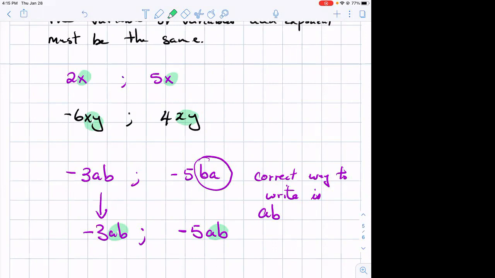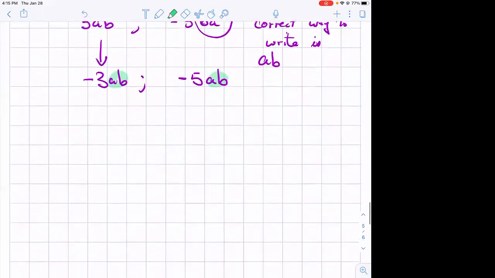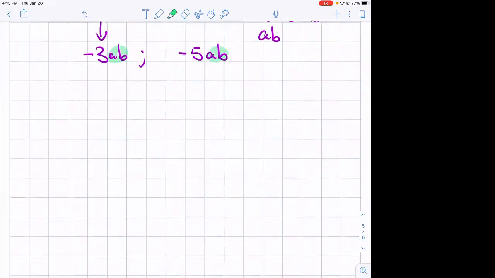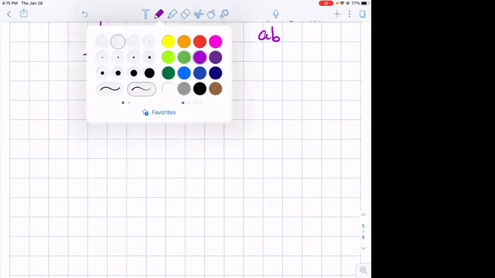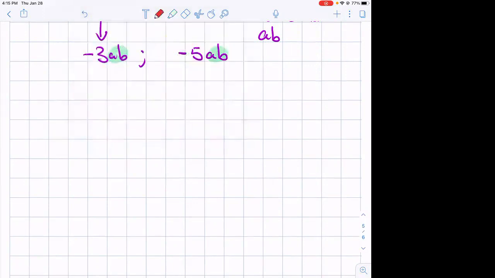Now, if you can identify like terms, then addition, subtraction becomes pretty straightforward, okay? So let's look now at addition and subtraction. How do we add and subtract polynomials?